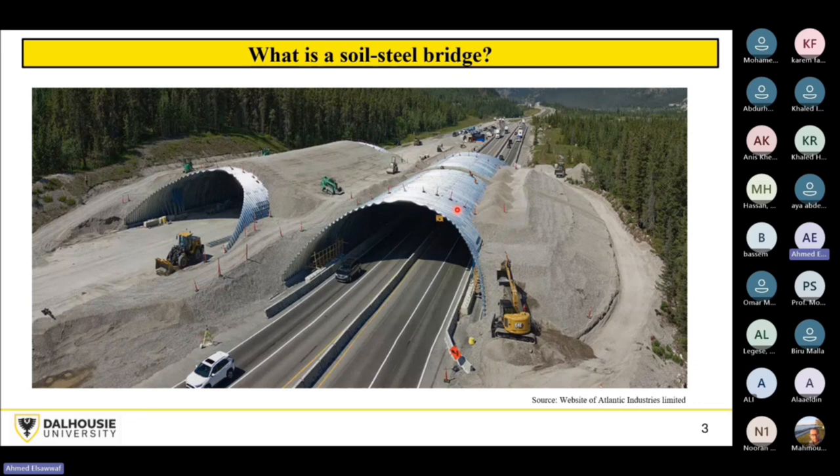This structure is considered an underground or buried structure, because after placing the corrugation profile, which takes the shape of rings, and bolting them together next to each other, you backfill the whole structure, just like the cut and cover technique in tunnels.